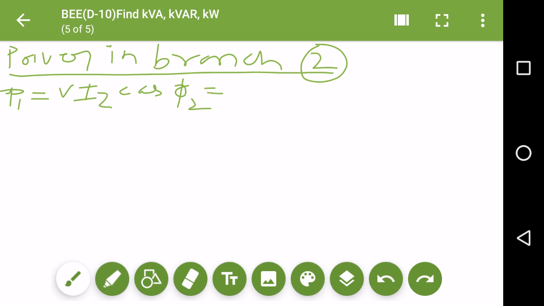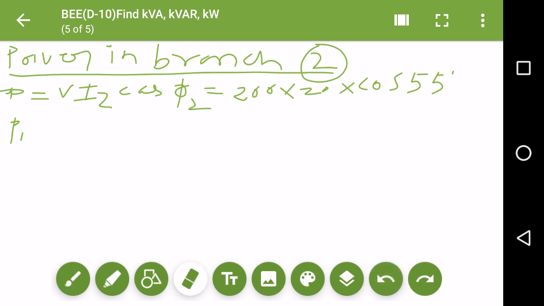By substituting the value, V is 200 and I2 is 20 into cos of phi 2, which is 55 degree, we just calculated. So P1, sorry, P2, let me correct my mistake.